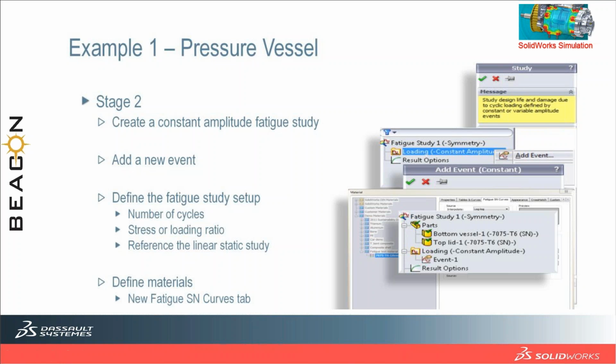As I discussed earlier, you have to define the experimental setup, how you have done it and what results you obtained, and you have to refer to the linear static study there.